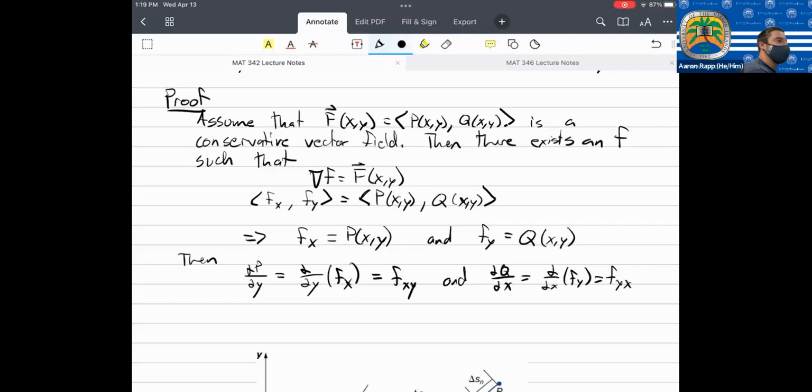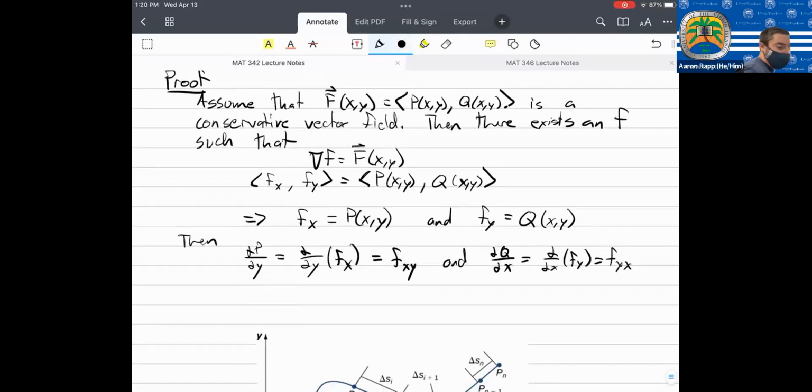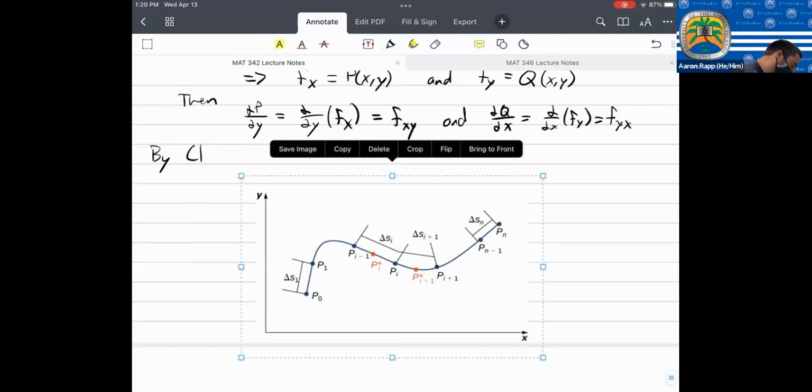Take the partial with respect to x and then partial with respect to y is the same thing as taking the partial with respect to y and then the partial with respect to x, thanks to a theorem by Clairaut.